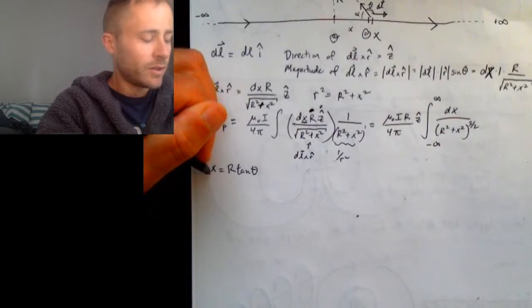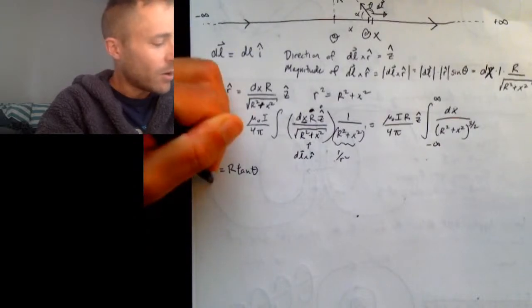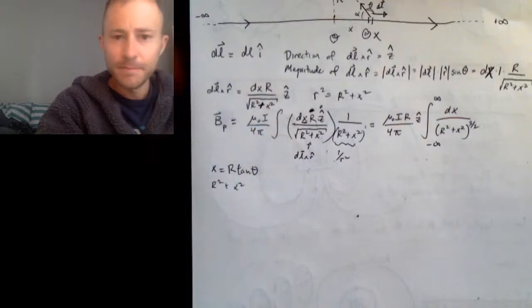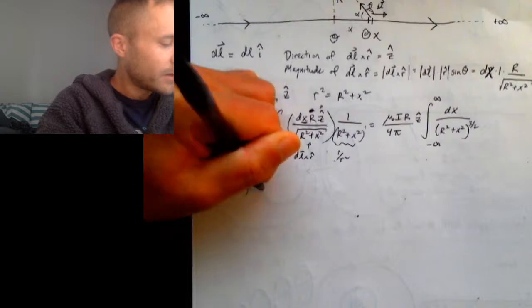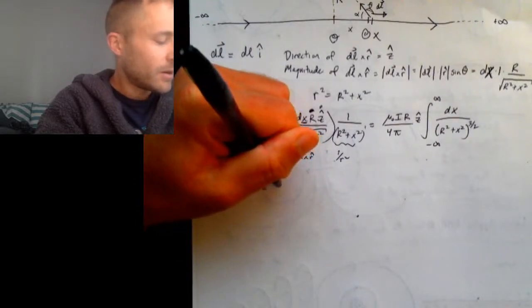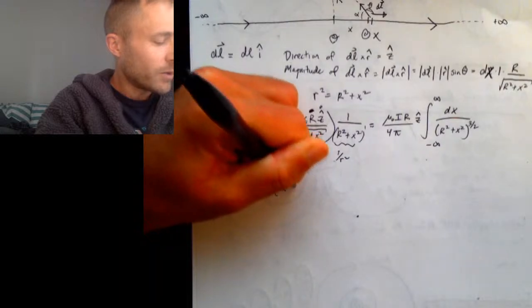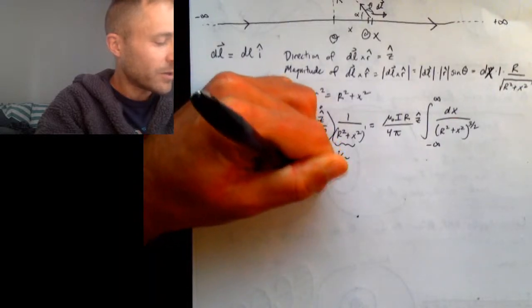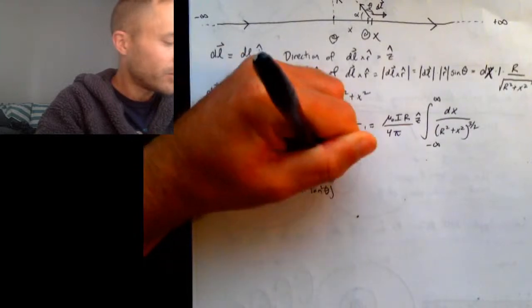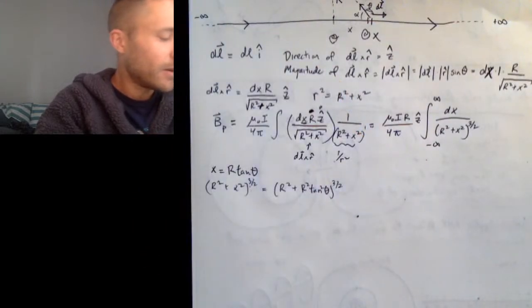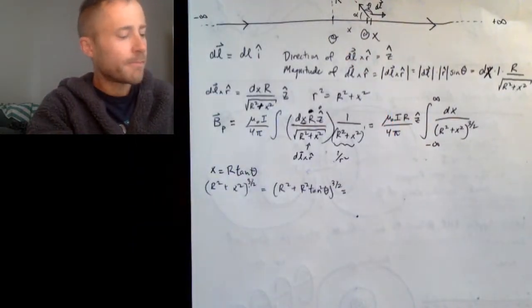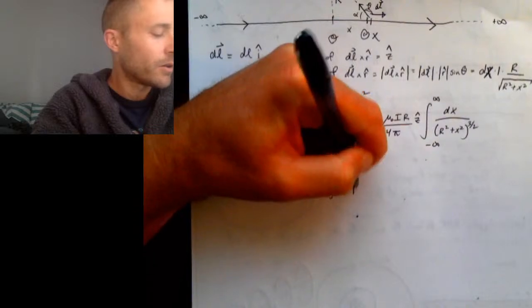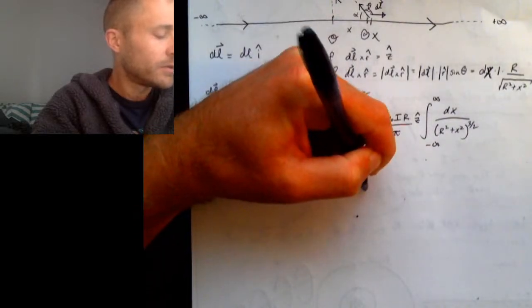So what that means is that r squared plus x squared to the 3/2 is going to be r squared plus r squared tangent squared of theta to the 3/2, which is r cubed secant cubed of theta.